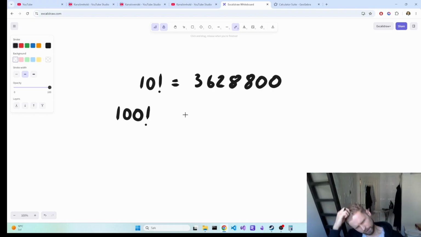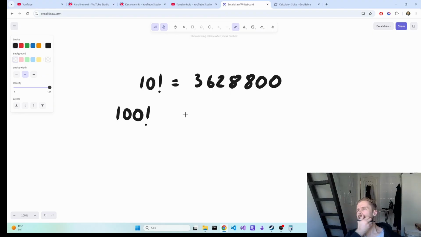Well, look, alright, so what does 10 factorial have? I figured out earlier, it has some 10s in there, for sure, right? Now, how can I simply figure out how many 10s there are in here?